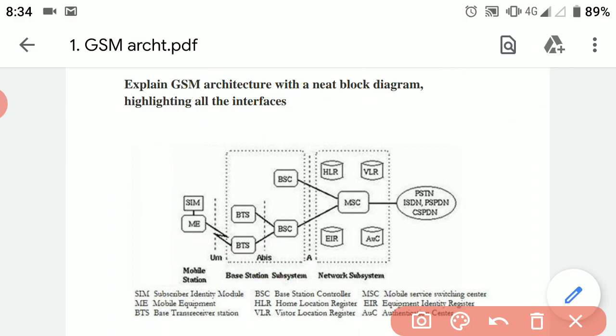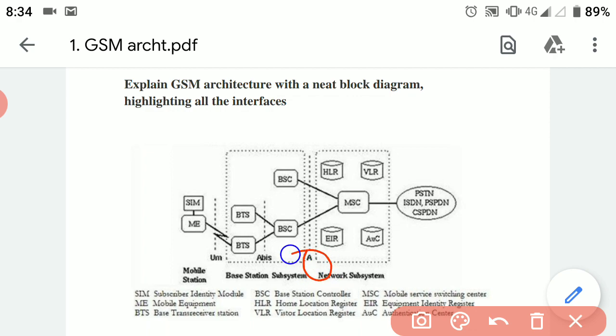The next important interface is the A interface, which actually exists between a BSC and a MSC. This is the A interface which actually bifurcates these two units.